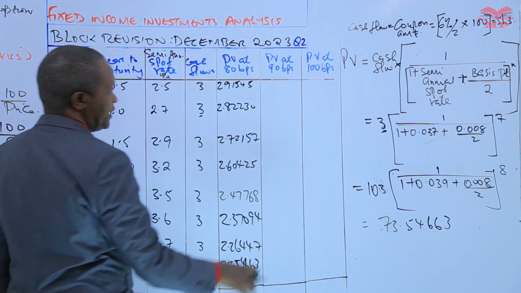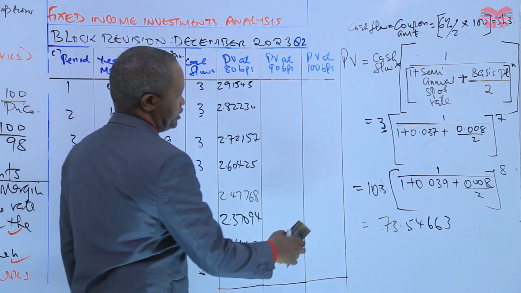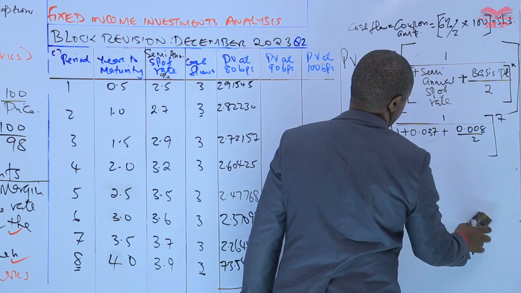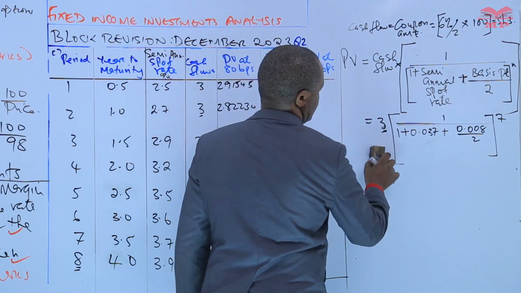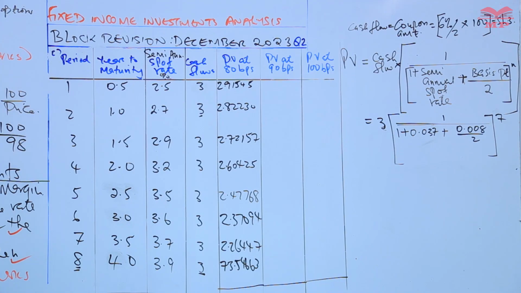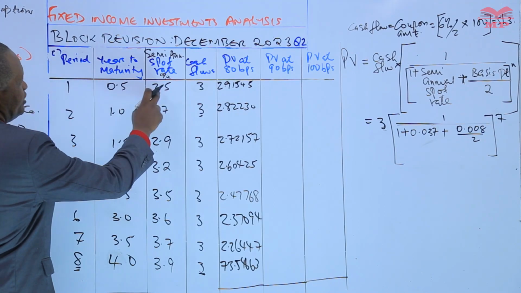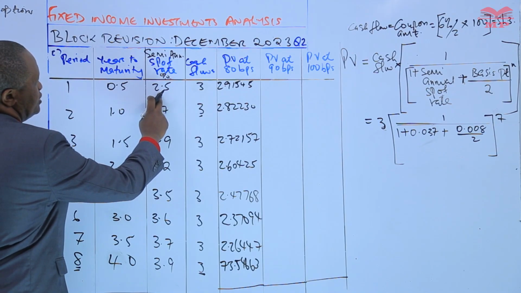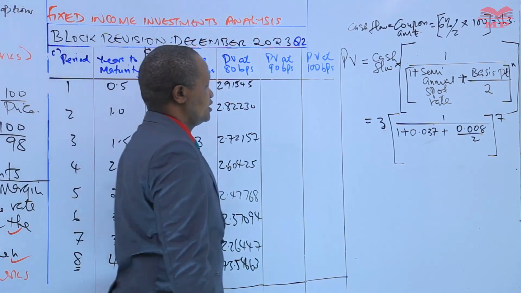We are going to do the same for the 90 basis points. Now, candidates, at 90 basis points, the first period semi-annual spot rate is 2.5%, but the basis point is going to change.